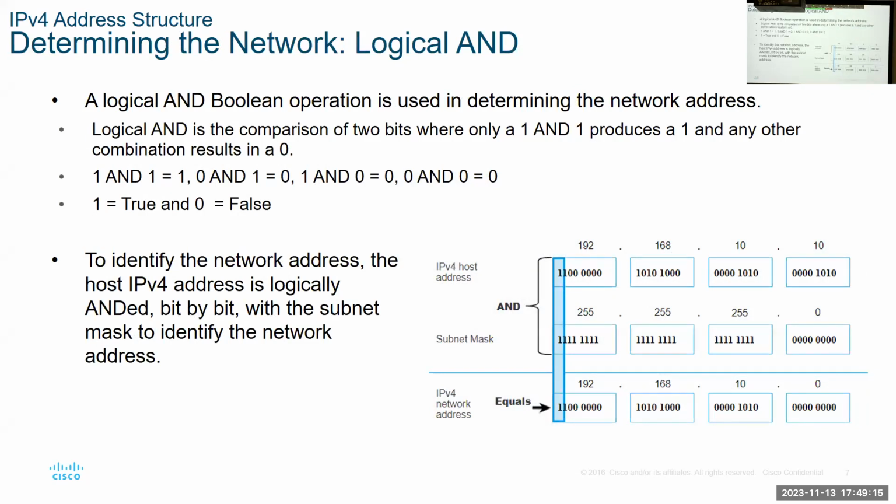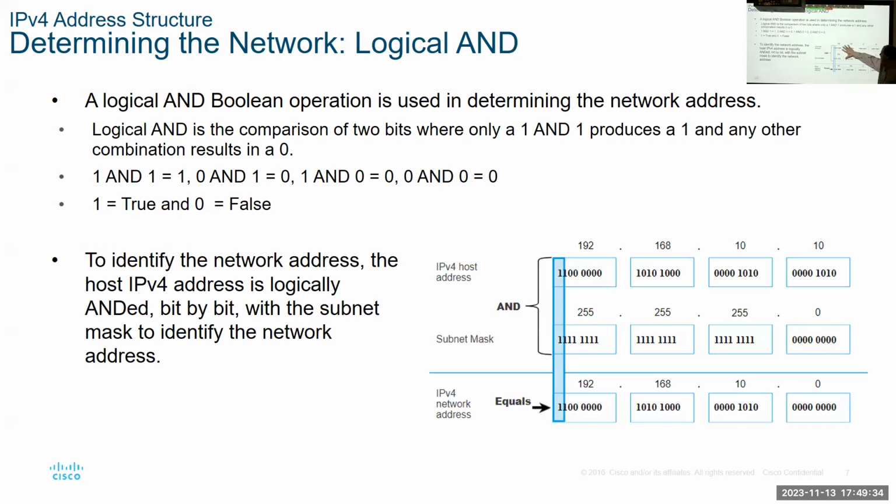Okay, so remember what a binary AND is. It's called a subnet mask because the subnet mask is masking out the host portion of the address.